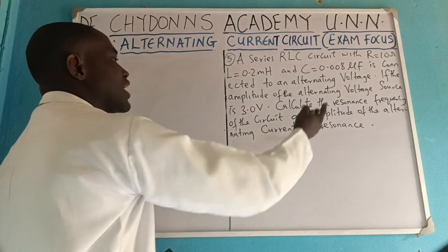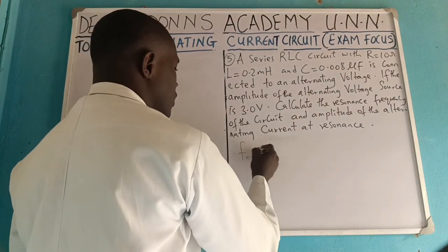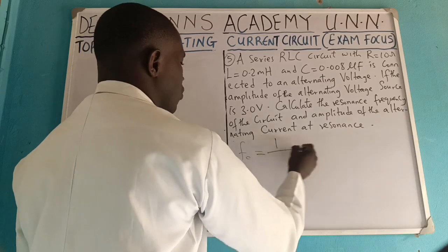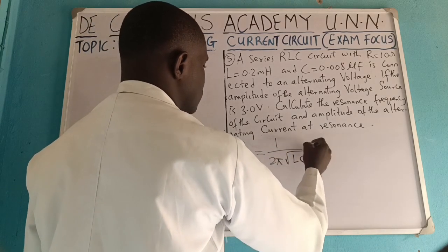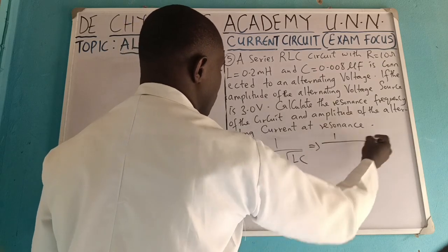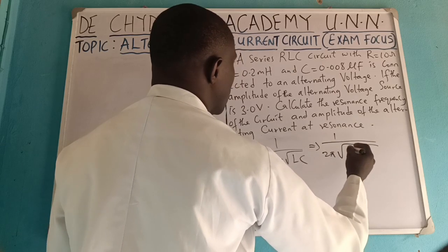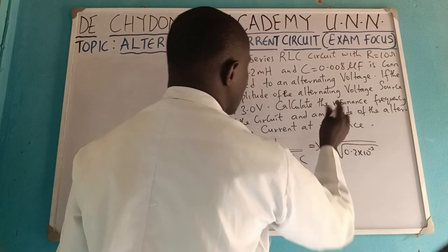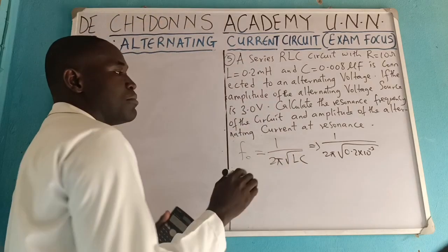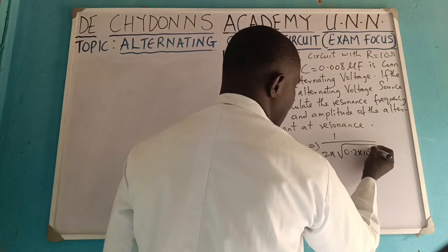Because they asked to get the resonance frequency of the circuit, just tell them FO equals to 1 over 2 pi root LC. That is just the formula. Your L is what? 0.2 times 10 raised to power minus 3 because of milli. Milli means raised to power minus 3.